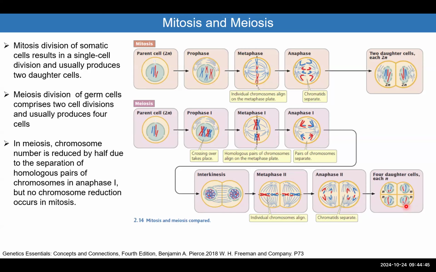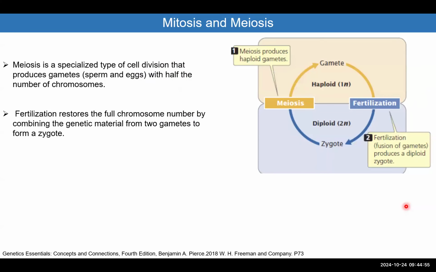Why is this important? Because when we deal with transgenics, we have to know at which step we have to utilize the gamete and the egg. So from this point of view, we can say that meiosis generates a gamete that has half the amount of the genetic material. And fertilization, when sperm and egg meet together, restores the genetic material.